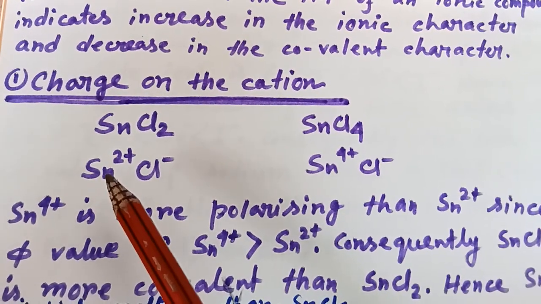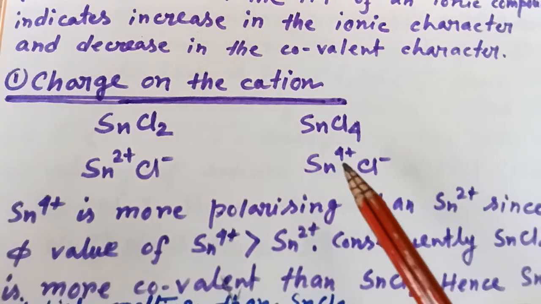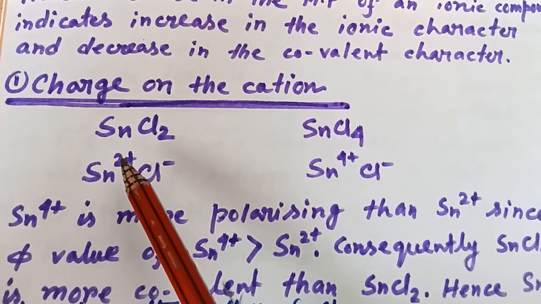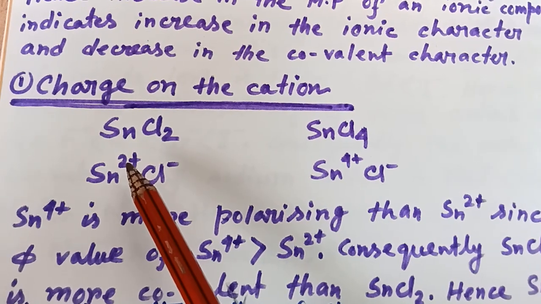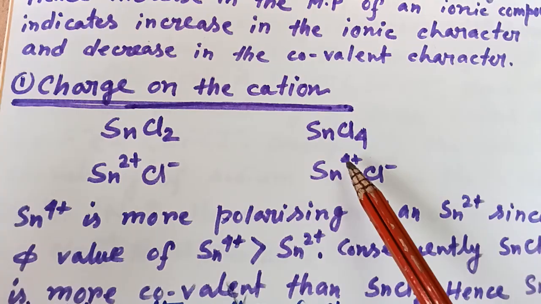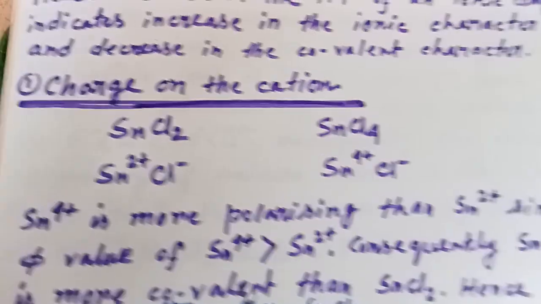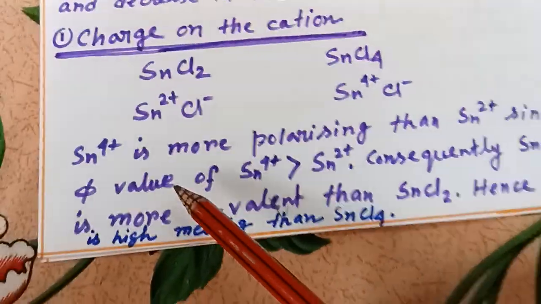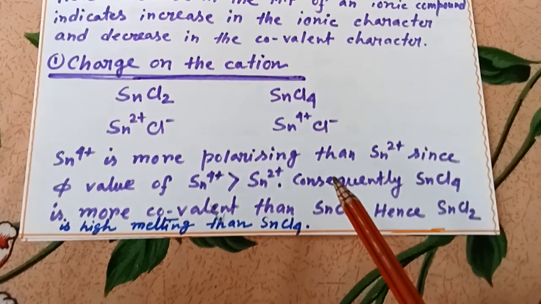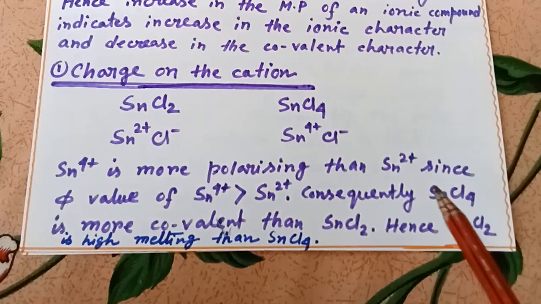But here the cation is Sn2+ and here Sn4+. It contains 2+ positive charge and it contains 4+ positive charge. Sn4+ is more polarizing than Sn2+.